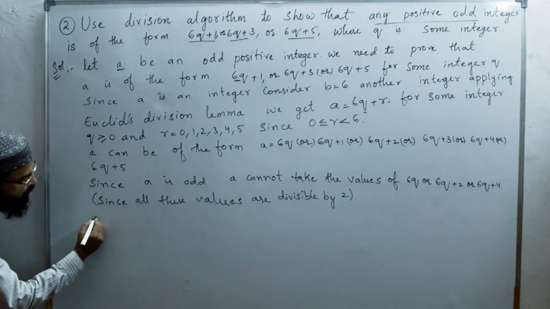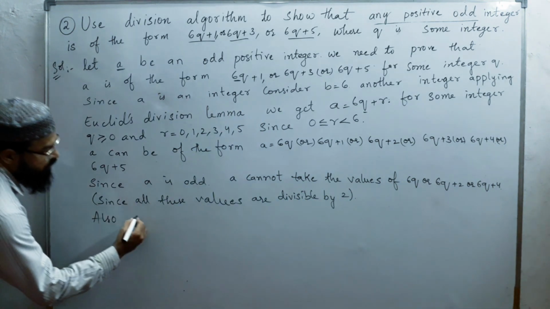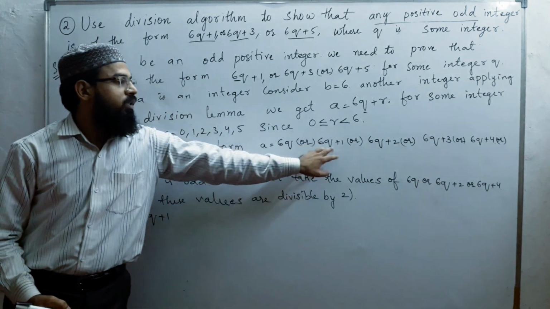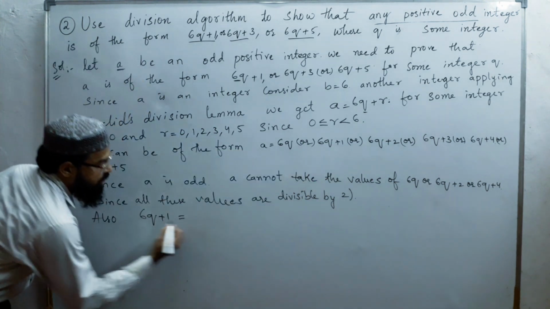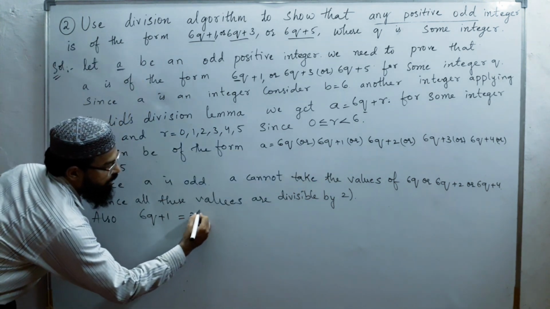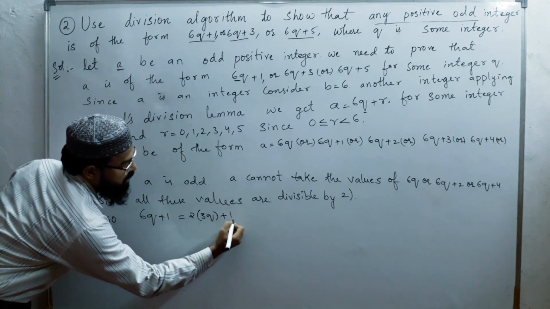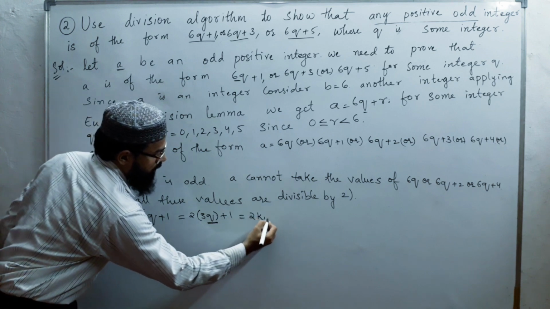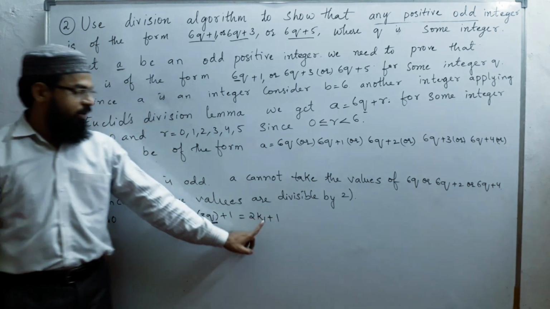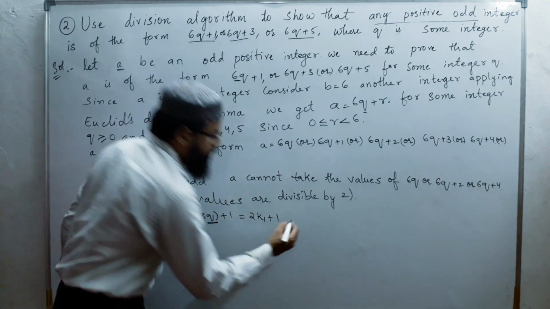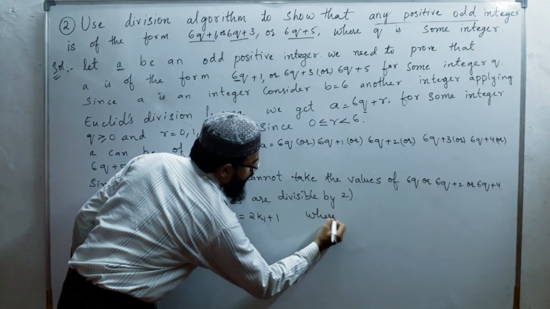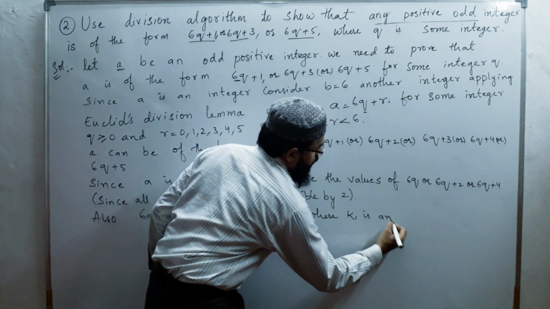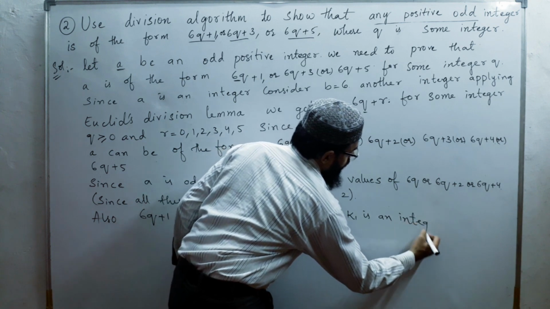Next, what remains? 6q plus 1. We can write 6q plus 1 as 2 into 3q plus 1. For this 3q, let us assume some other value, 2k1 plus 1, where k1 is an integer.